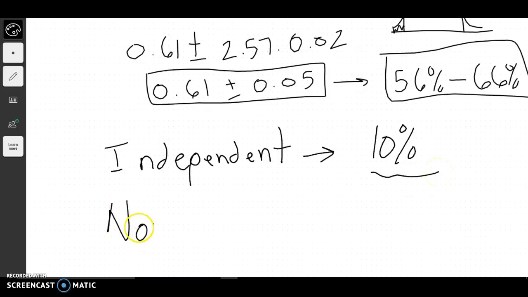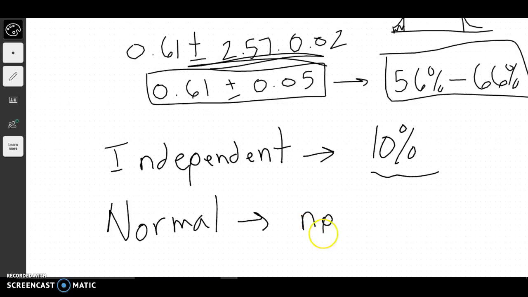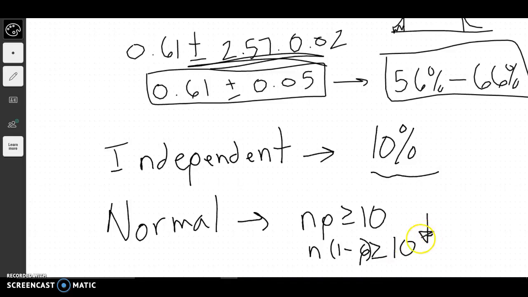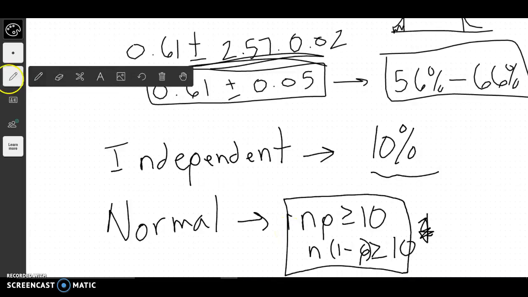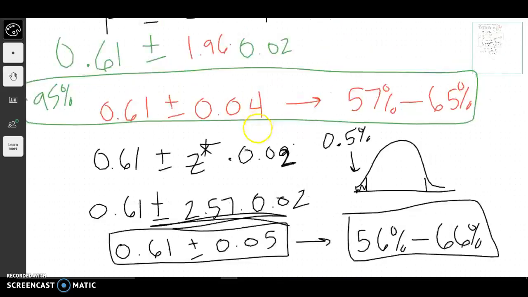If I want this thing to actually be normal so that we can do this margin of error, we need n times p to be greater than 10, and n times 1 minus p to be greater than or equal to 10 also, or the population to be normal. Which a lot of times you're not going to be able to figure that part out easily. So those are the two requirements that you generally need.